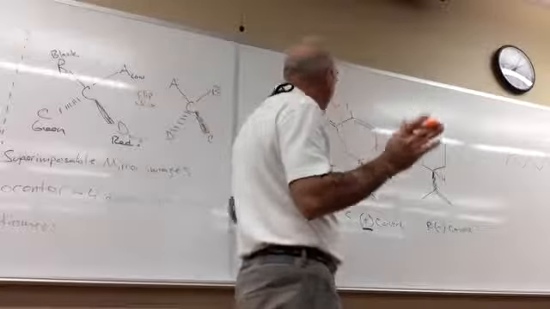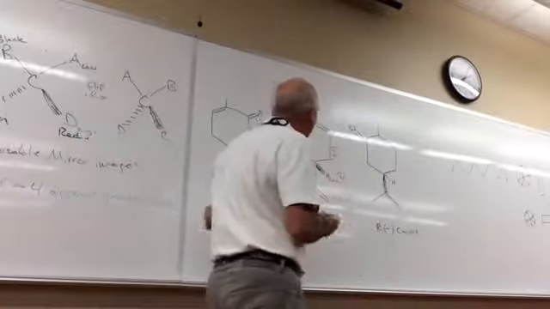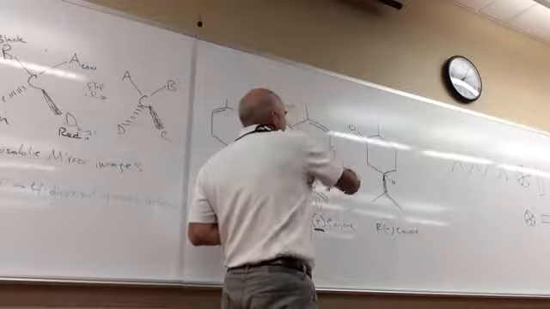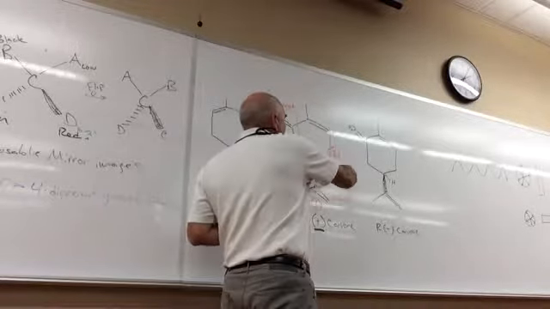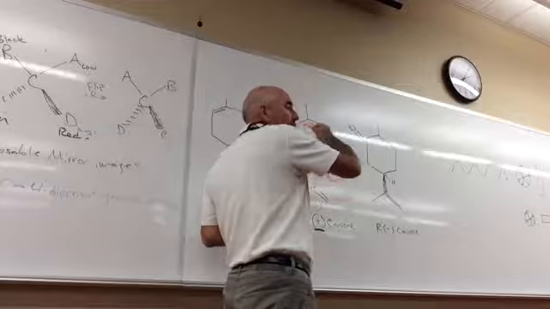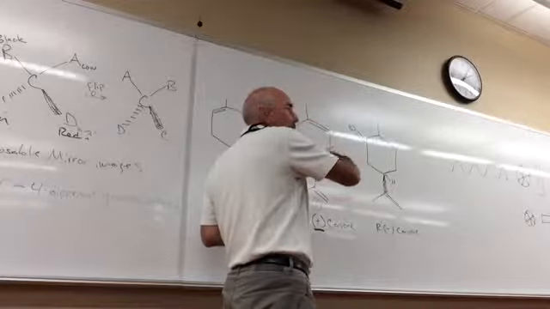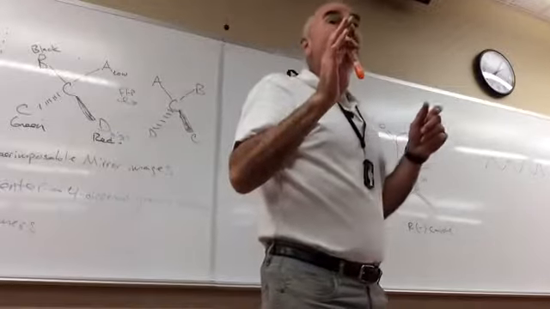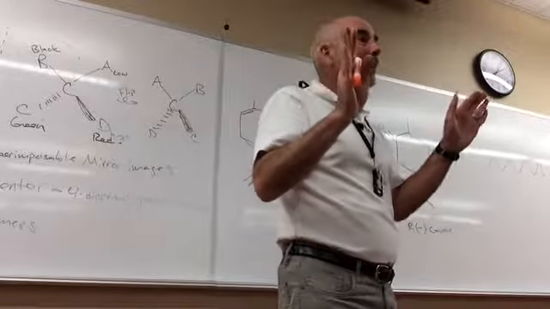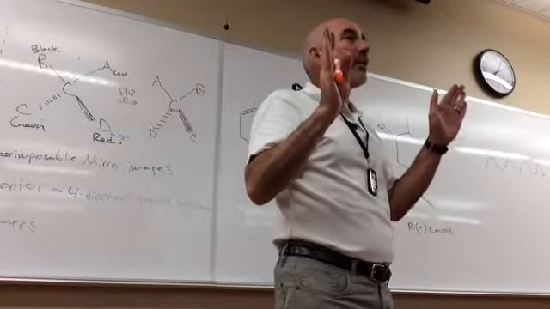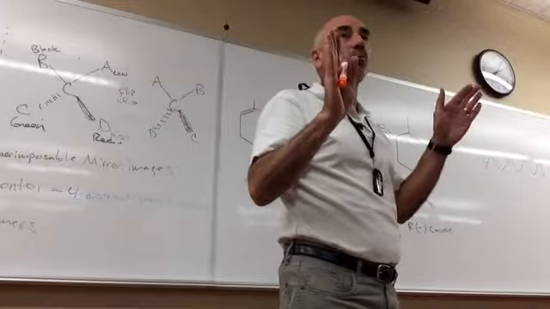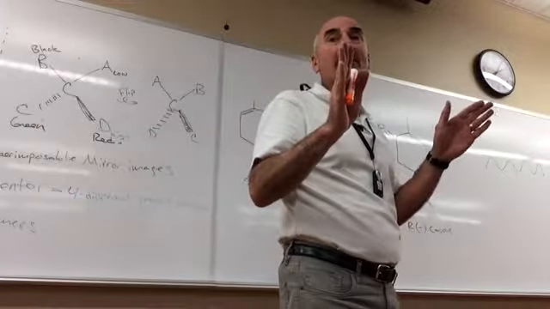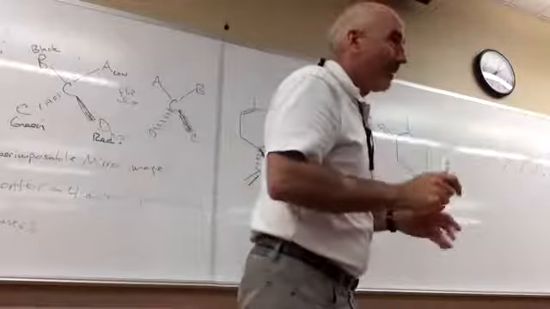And my progression here is 1 to 2 to 3, clockwise or counterclockwise? Clockwise, right? So then I have to remember, oh, wait, the hydrogen is coming right at me, and the hydrogen really needs to be going away from me. So it's opposite.